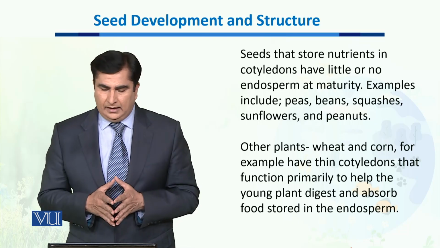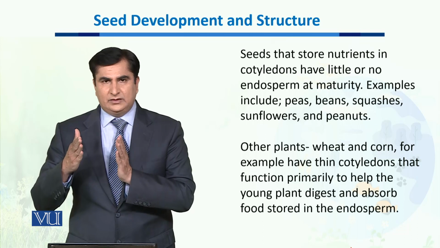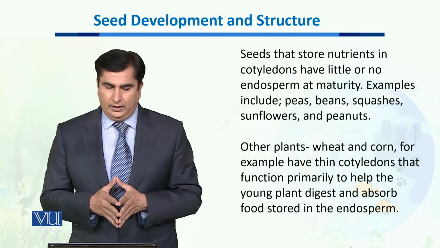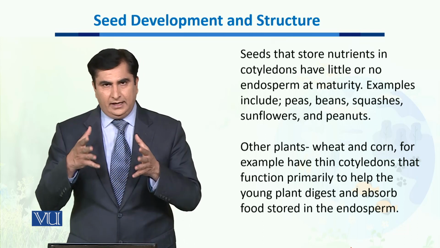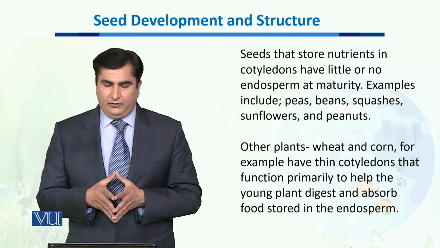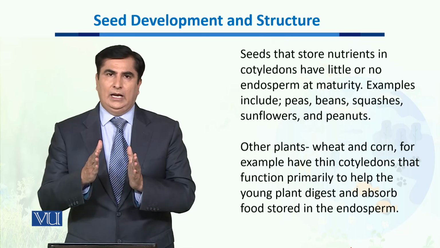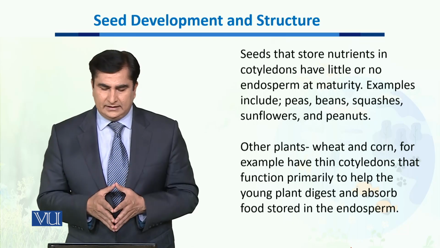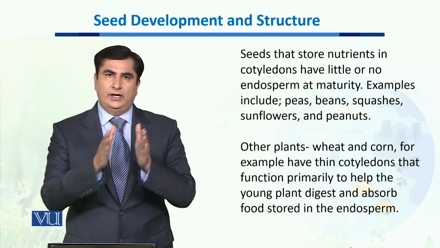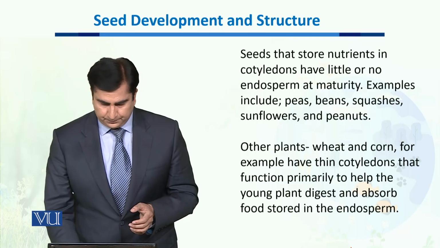While other plants, especially wheat and corn, for example, have thin cotyledons that function primarily to help the young plant digest and absorb food in the endosperm.